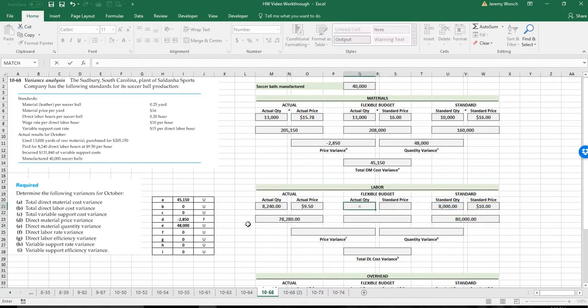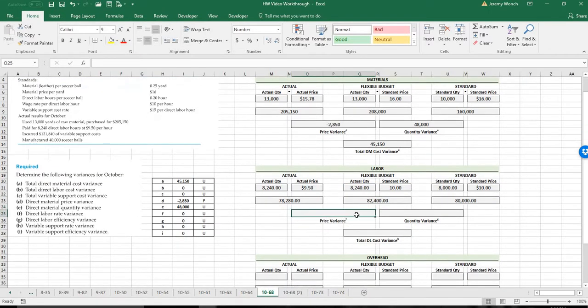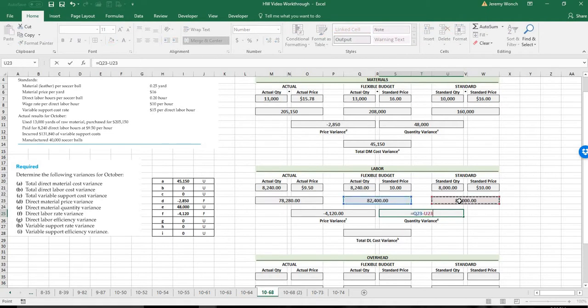Now we can carry over our numbers for our flexible budget. To get our price variance, we just subtract the actual minus our flexible budget. And for our quantity variance, we take our flexible budget minus our standard.